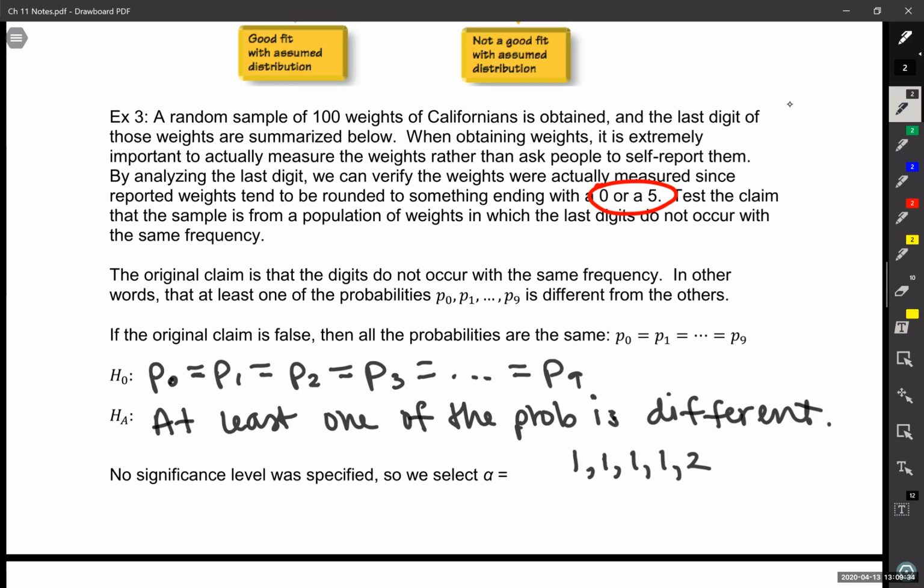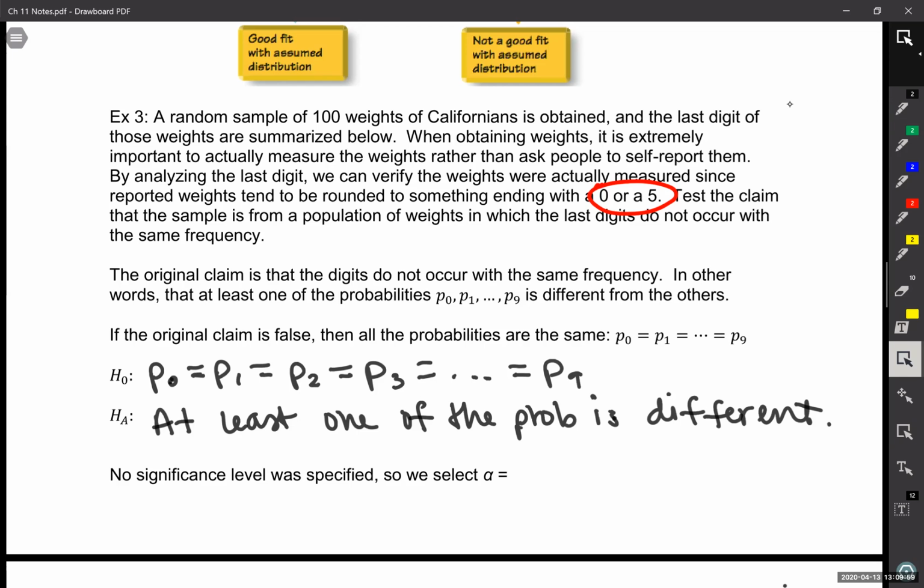So we just say at least one is different in order to take care of the fact that we have so many equal signs. We have 9 equal signs, because we're talking about 10 things. Anyways, we will focus more on how to come up with that null and alternative in future examples. I just want to go through the steps in this one to show you the whole process.